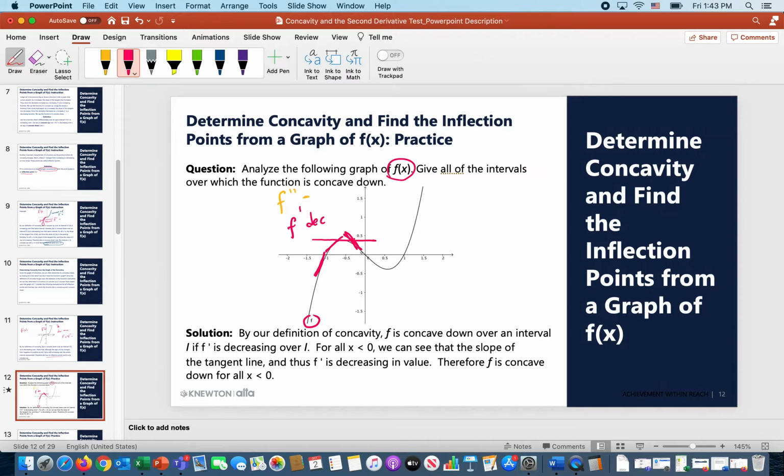That's still a situation where those tangent lines are decreasing. On this side, those negative tangent lines start to approach positive values. So when f prime starts to increase, that is when f double prime begins to be positive.